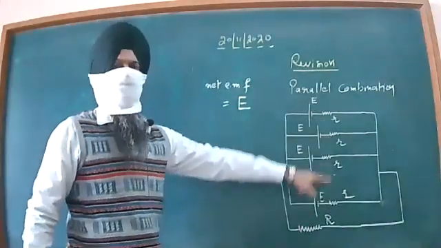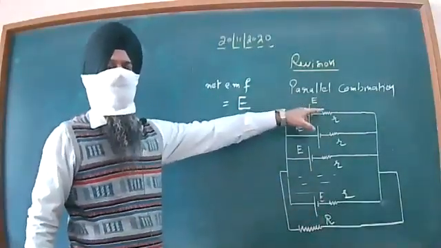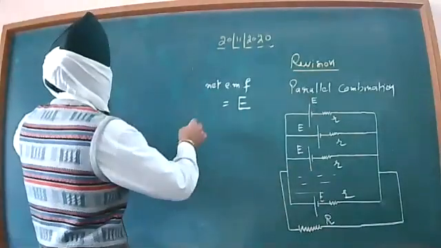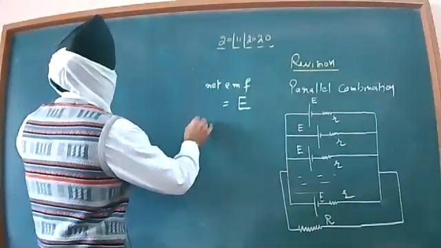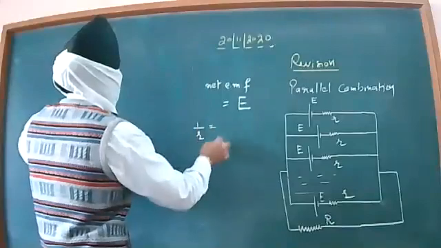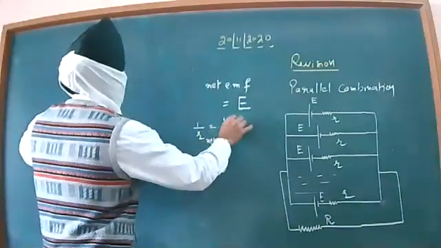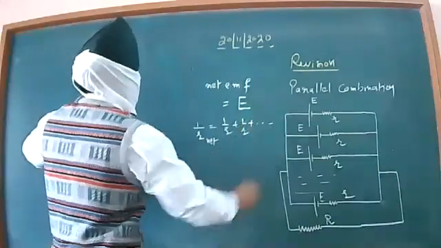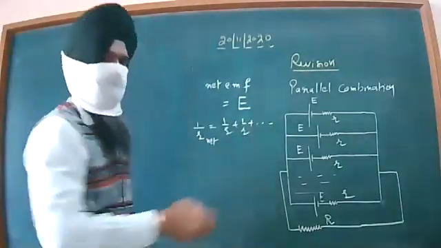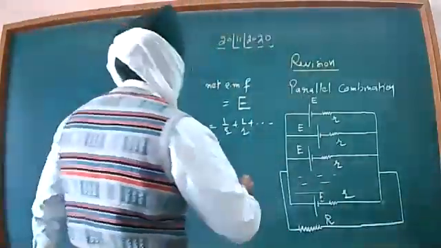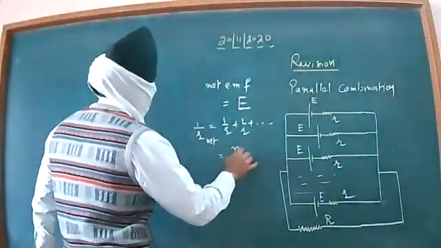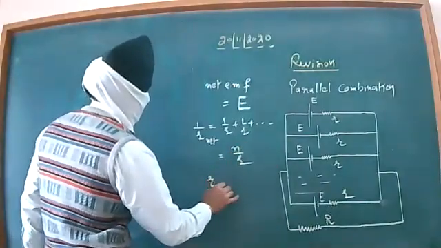These small r internal resistors are connected in parallel, so the net parallel resistance R net will be 1 by r plus 1 by r plus so on, n times, which is equal to n upon r.